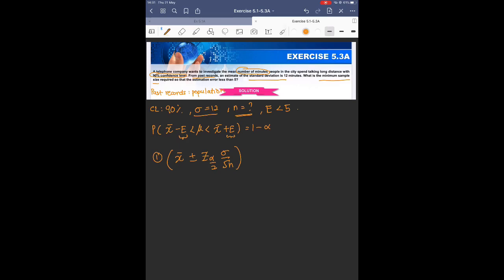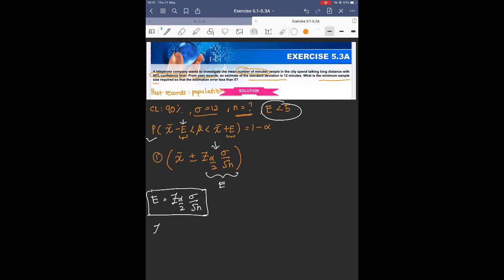But now we want to find the sample size. So from the definition here, we know that this one is E. E is equal to z alpha over 2 sigma over square root n. Formula here. Okay, from our information, E is less than 5.